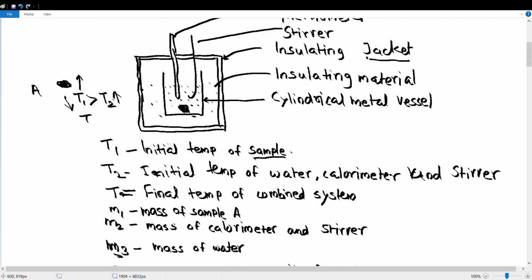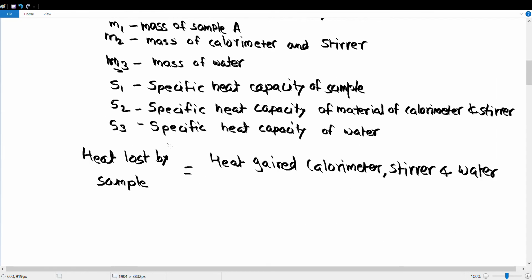So the loss of heat by sample should be the heat gained by the stirrer, calorimeter and water. Now we are interested to find how much heat is lost by sample.